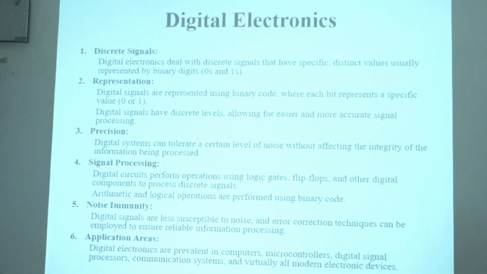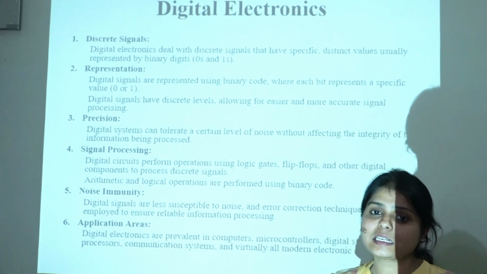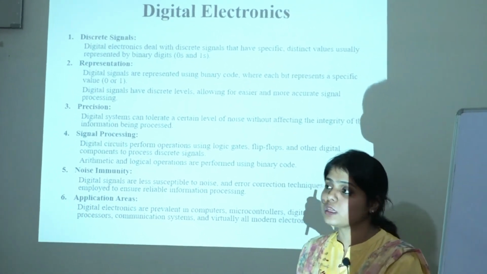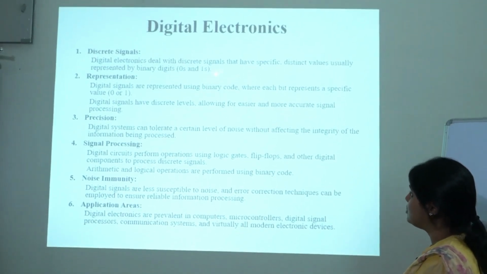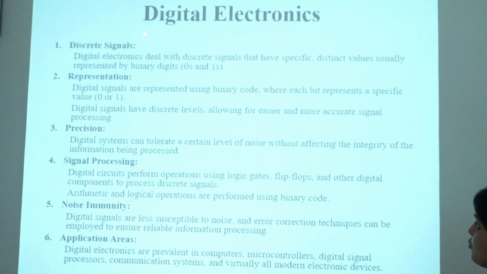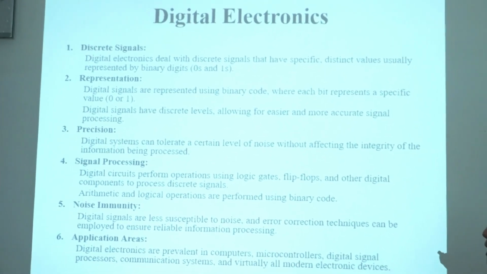Unlike analog electronics, where it can take values within any given range, digital signals have discrete values within a specified range, usually represented by the binary digits 0 and 1. This is the first and fundamental concept that you have to understand when we discuss digital electronics.